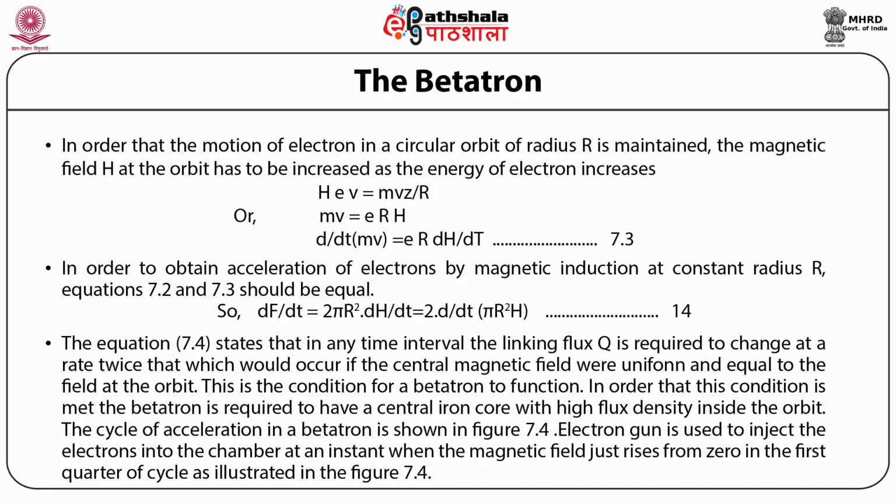An electron gun is used to inject the electrons into the chamber at an instant when the magnetic field just rises from zero in the first quarter of a cycle, as illustrated in figure 7.4.